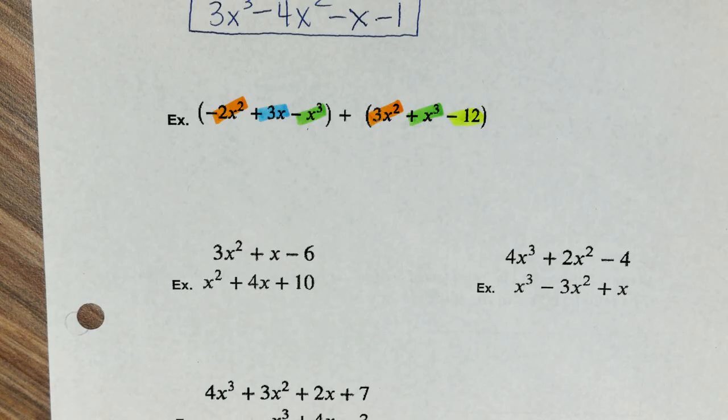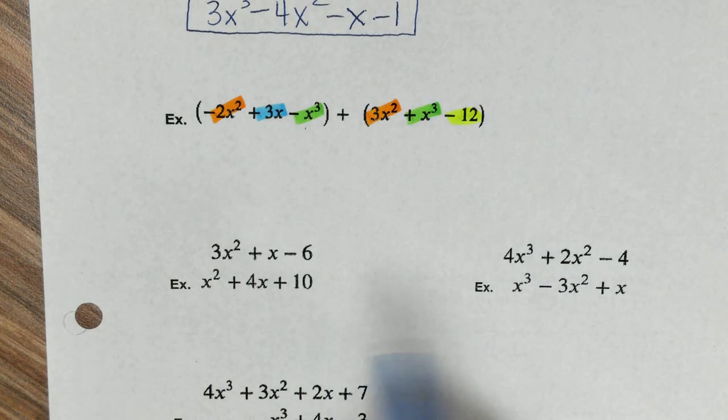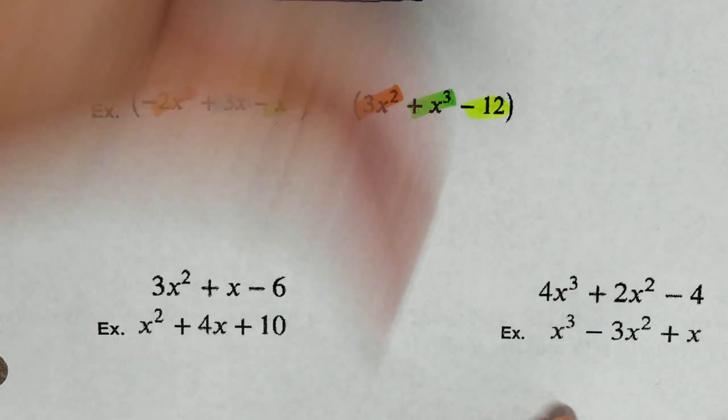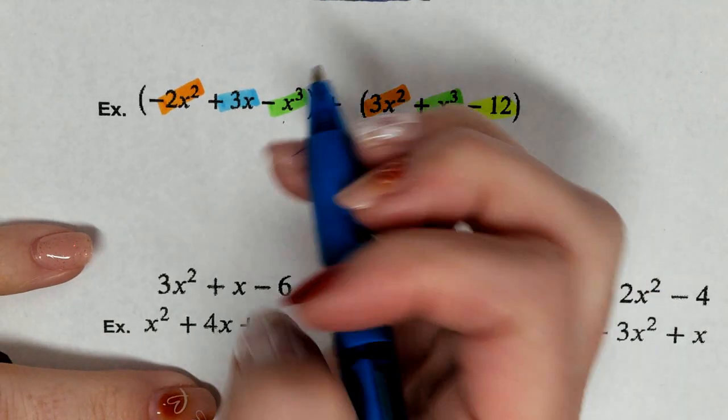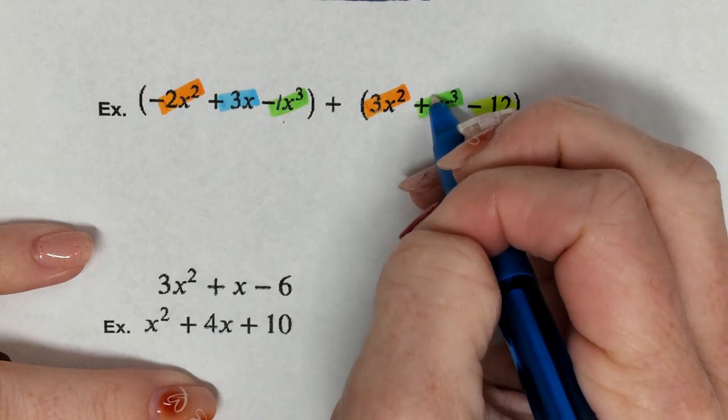Again, I'm going to go from largest degree to smallest degree. Which one of my colors is the largest degree? Green, x cubed. So I'm combining negative 1x cubed plus 1x cubed.